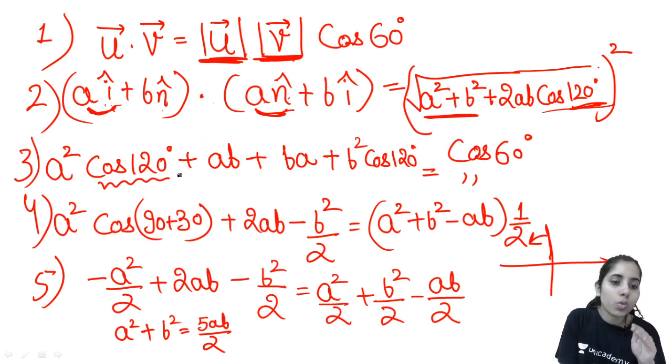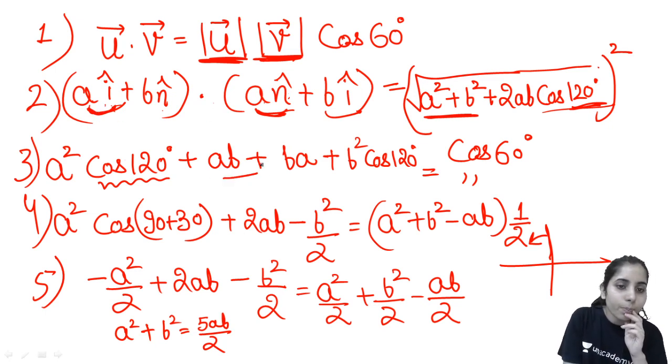So it's going to be cos 120 degrees plus ab i cap, i cap. So i and i same. Clear? So it's going to be i dot i, that means magnitude of i, and cos 0 degree is 1, and a into b. So ab. Then multiply bn with an, you will get ba again.